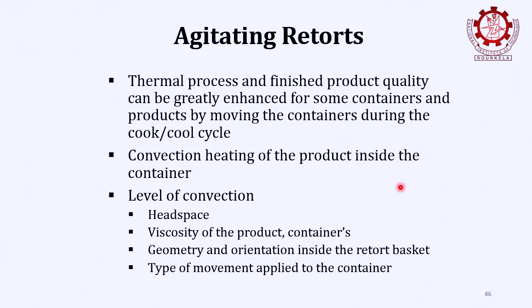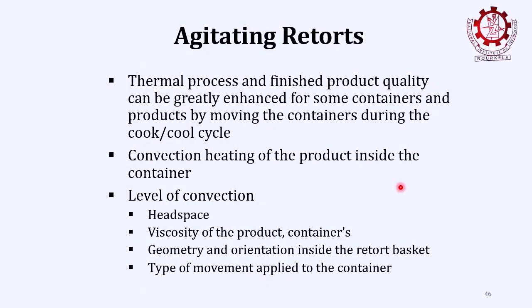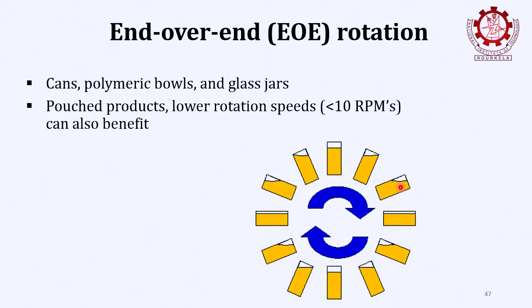In case of an agitating retort, the interest was basically to agitate or shake the content inside, which you can do with liquid products, or if you have liquid and solid product both.